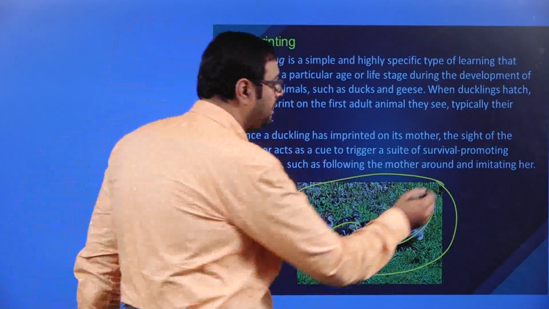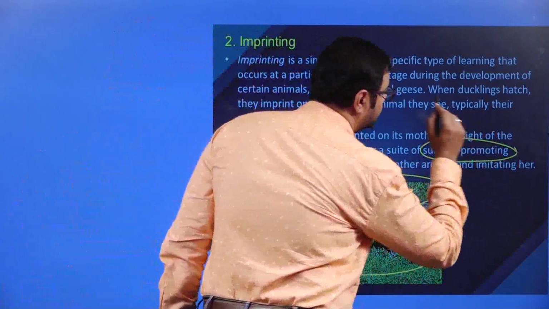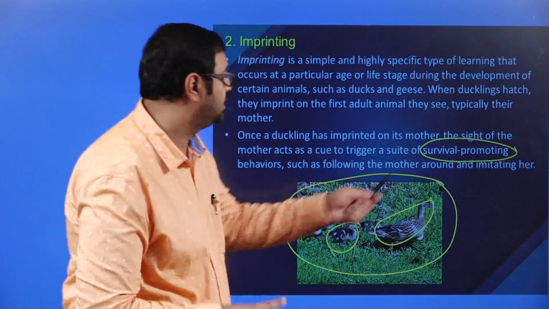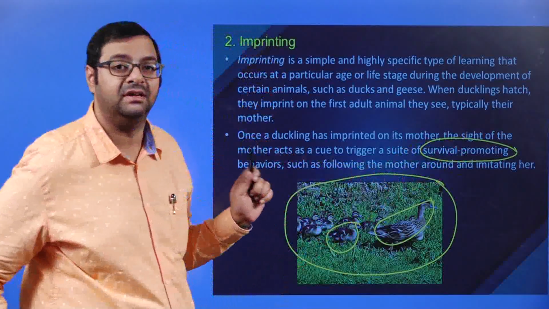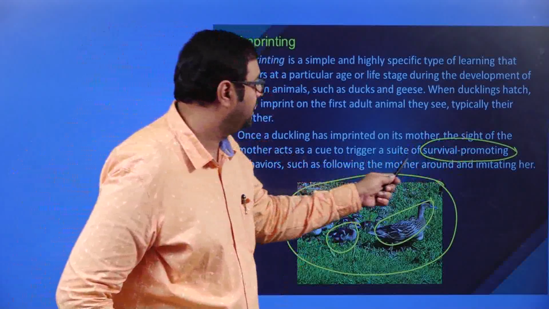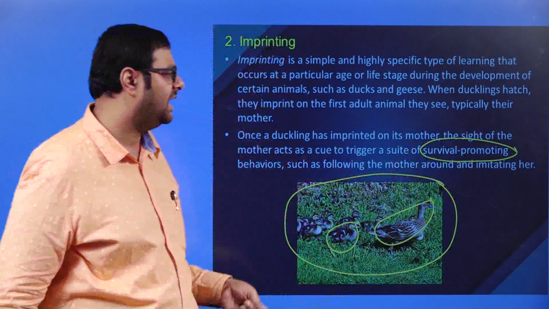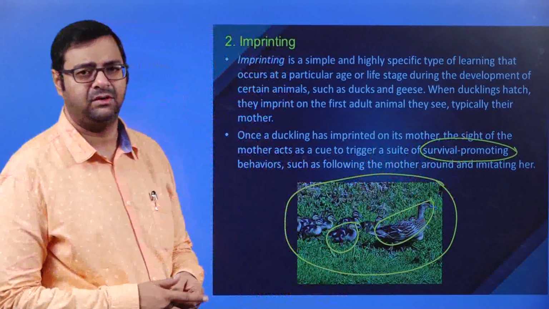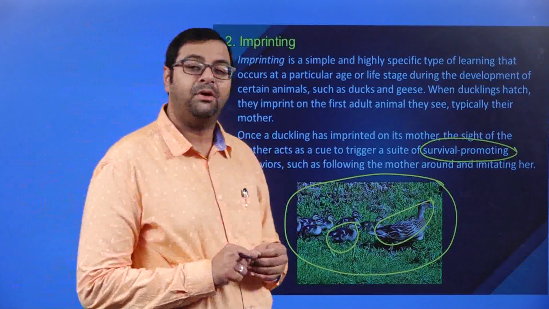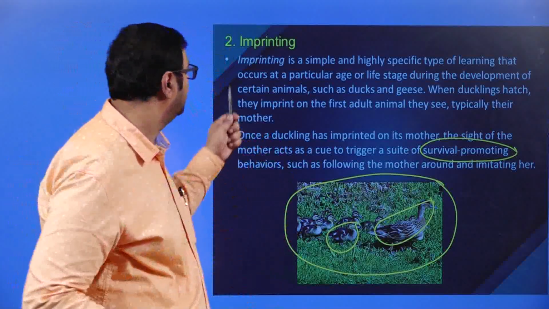So the duckling immediately moves to the mother. That is survival promoting behavior, such as following the mother around and imitating her. This is very, very important when we are talking about imprinting.